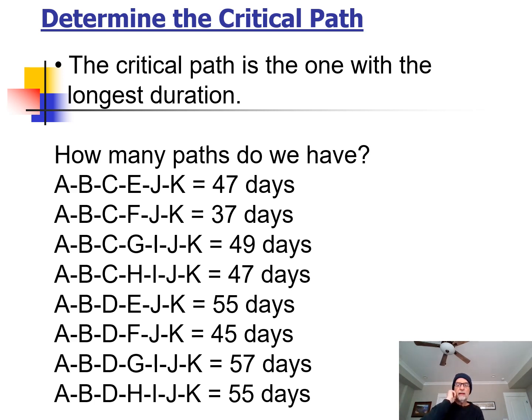So the paths A, B, D, E, J, K and A, B, D, H, I, J, K at 55 days, they only have a task with 2 days float, and then the path A, B, C, F, J, K at 37 days, there's 20 days of float. The difference between 57 and 37.